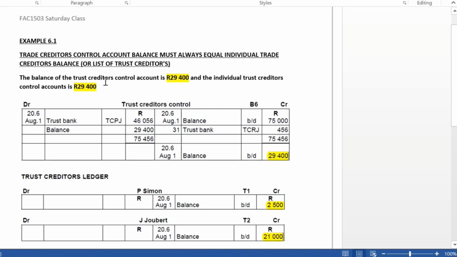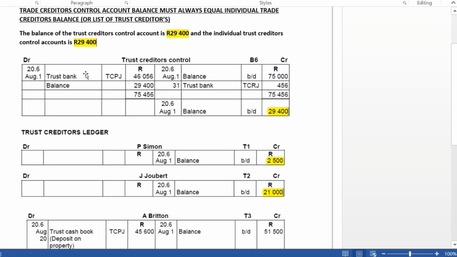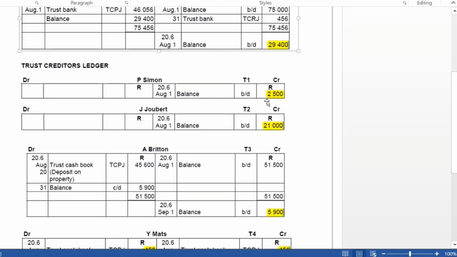The balance of the trust creditors control account is 29,400, and the individual trust creditors should also total 29,400.